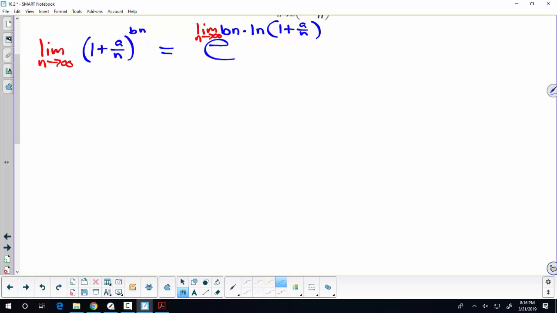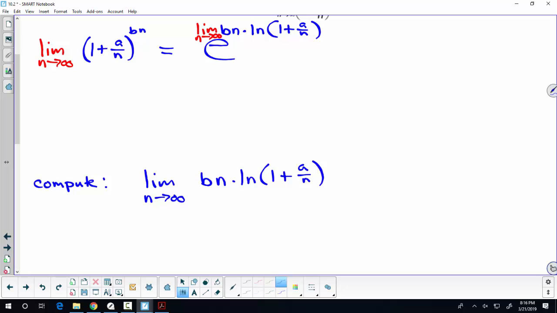So maybe off to the side here, compute the limit as n approaches infinity of b times n times the natural log of 1 plus a over n. As n goes to infinity, what would that limit be?